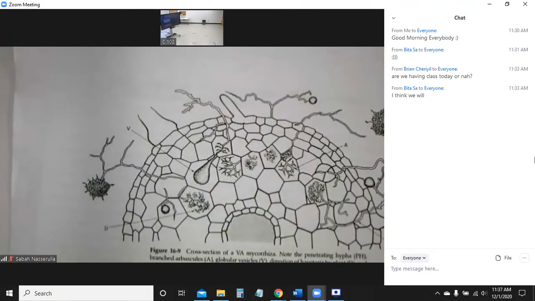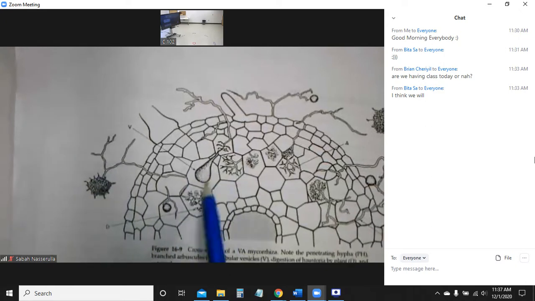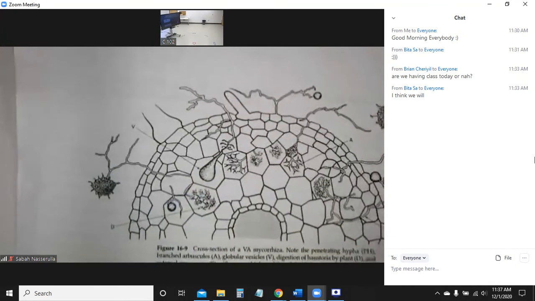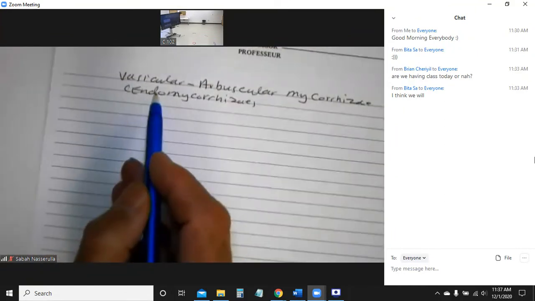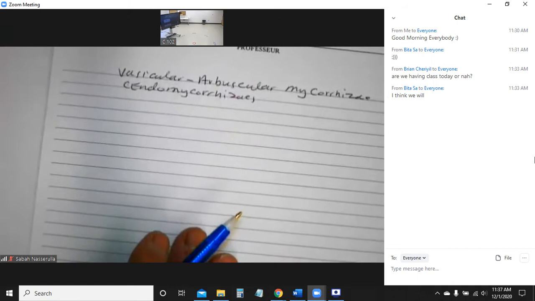The last thing I mentioned is that relatively large quantities of phosphate were detected in the arbuscular, which will transport from soil to the root, and transfer of minerals from the fungus to the host and of carbohydrates from the host to the fungus. So this I already mentioned to you, and we'll continue about this, which is still under vesicular arbuscular mycorrhizae, or the endomycorrhizae.